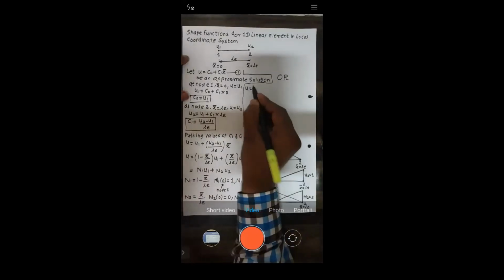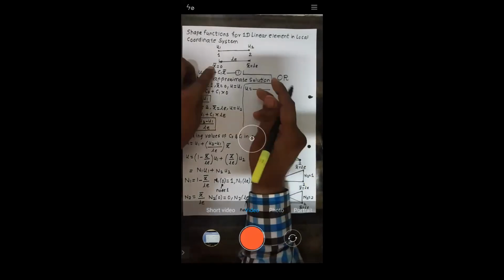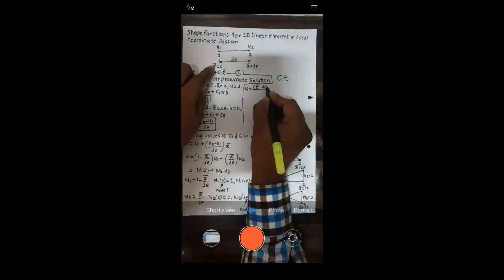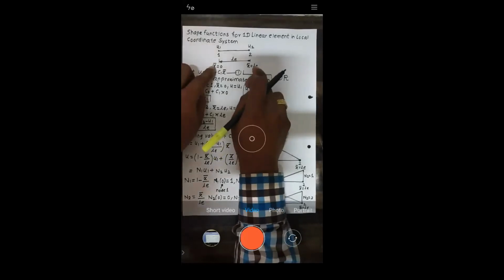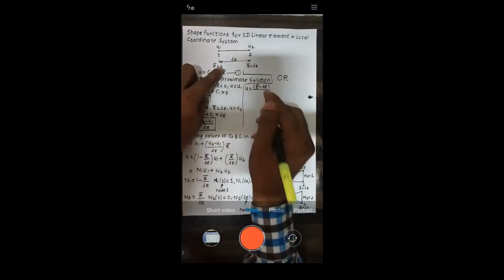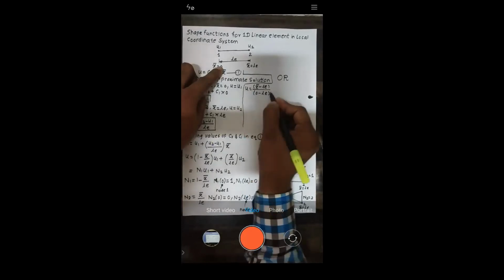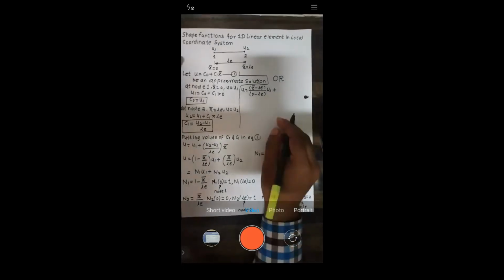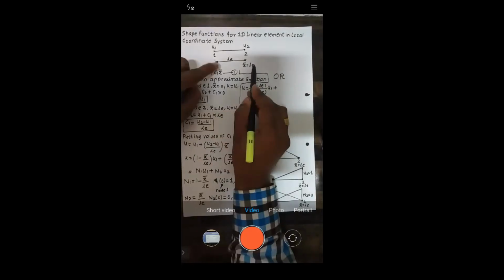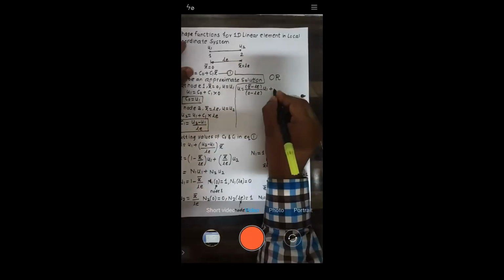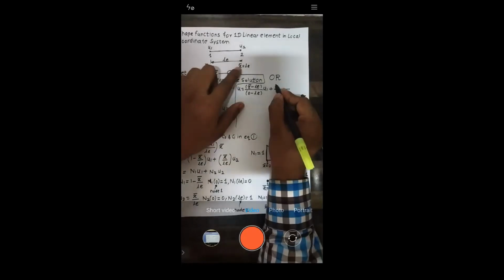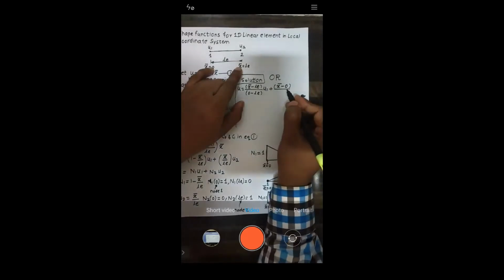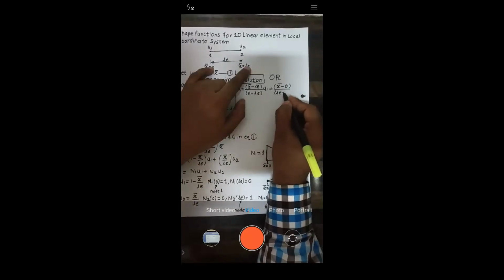See this x bar, try to understand. x bar minus LE upon 0 minus LE, u1, plus x bar minus 0 upon LE minus 0, u2e.